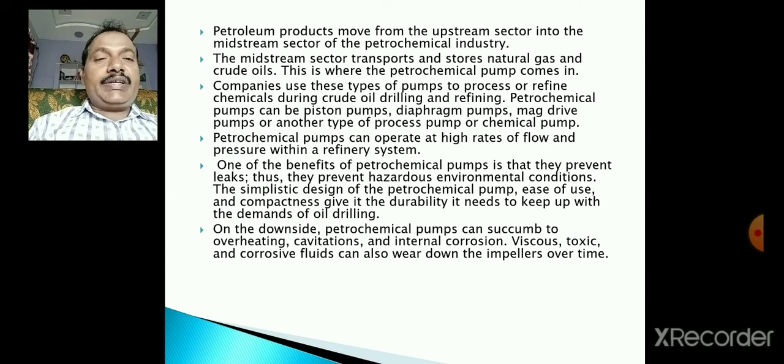The simplistic design, ease of use, and compactness give it the durability it needs to keep up with the demands of oil drilling. On the downside, petrochemical pumps can succumb to overheating, cavitation, and internal corrosion. Viscous, toxic, and corrosive fluids can also wear down the impellers over time.